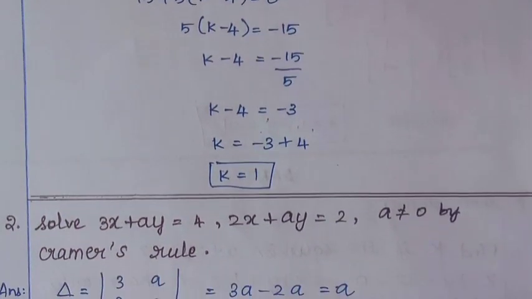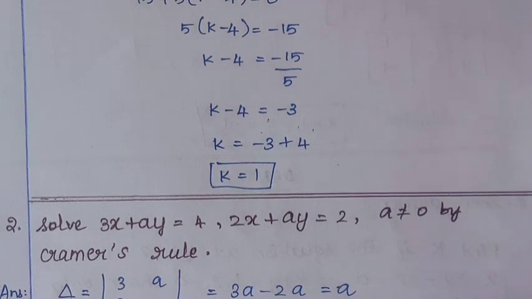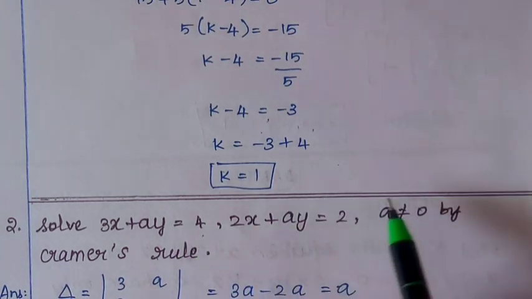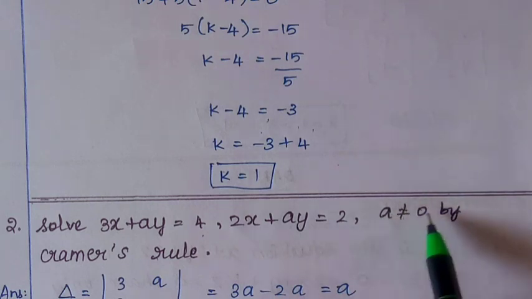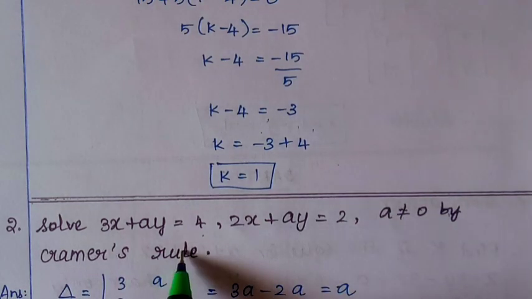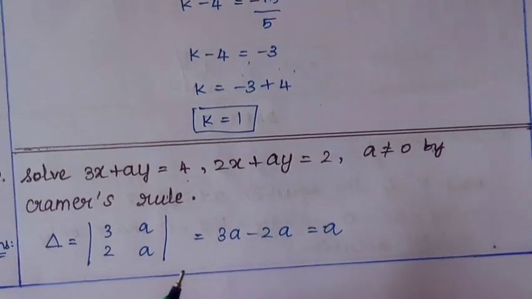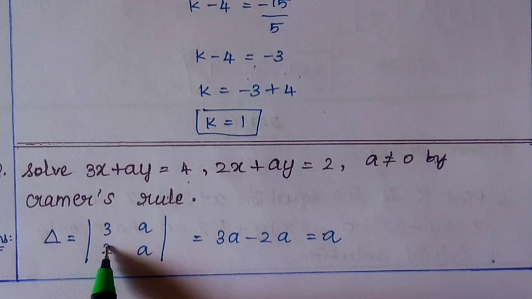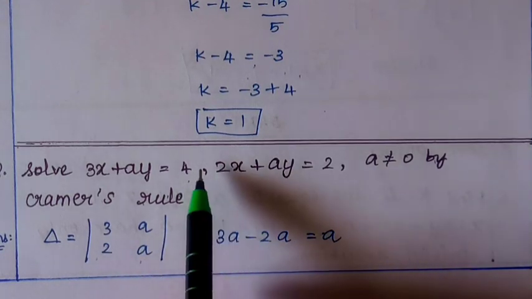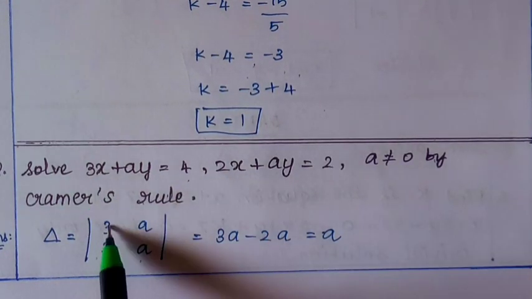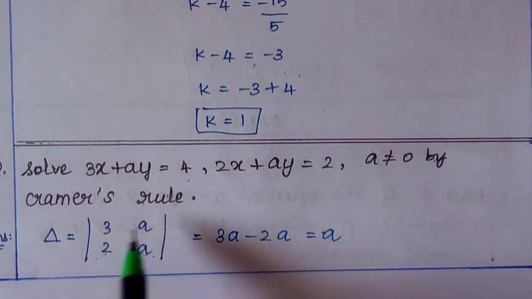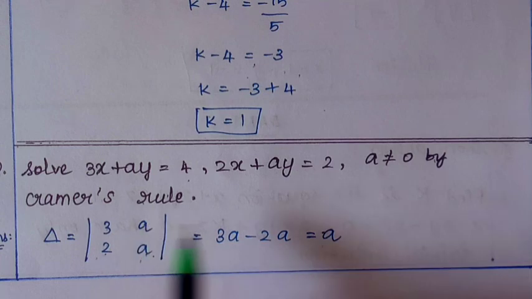Now the second question. Solve 3x plus ay is equal to 4, 2x plus ay is equal to 2, a is not equal to 0, by Cramer's rule. So delta is equal to 3, a, 2, a, with x values here and y values here. Next we have to multiply: 3a minus 2a is equal to 1a, right?